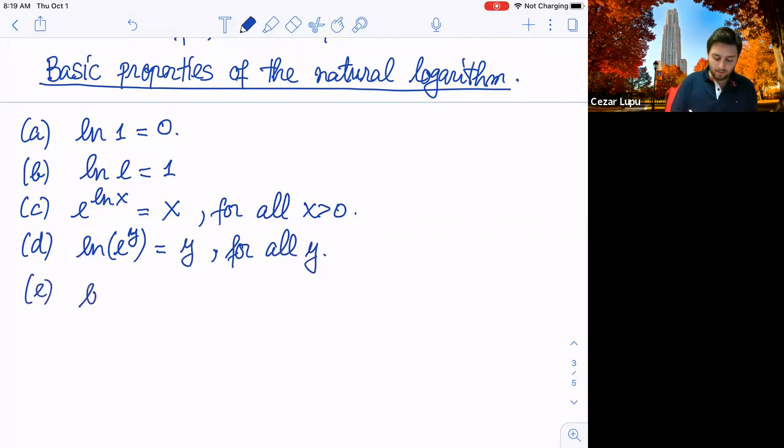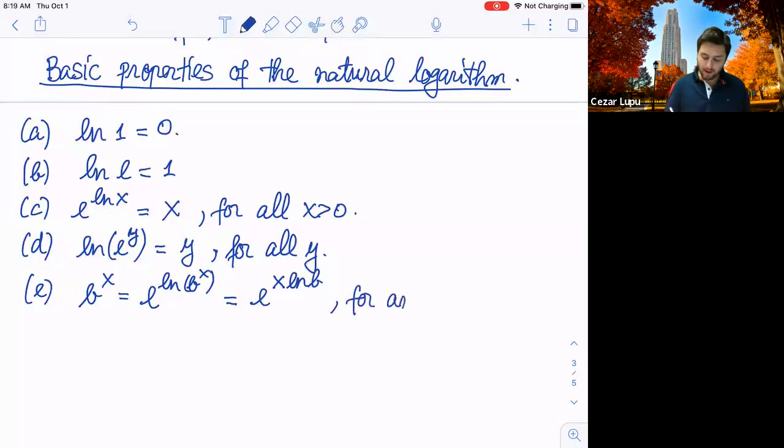E, b to the power x we can write in this way: it's e to the power ln of b to the x. We can do this trick, and I'll explain immediately more generally why. This will be nothing else than e to the power x ln of b, for any positive b, and b is not 1.